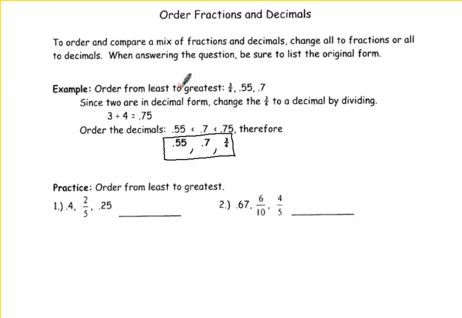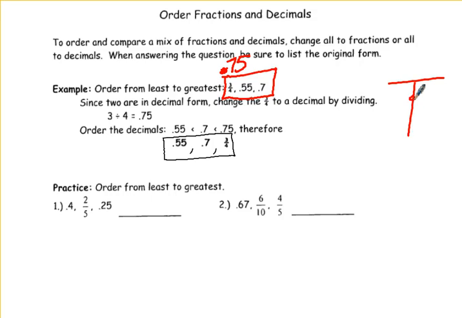You can do the same thing with several fractions and decimals. For example, order from least to greatest, 3/4, 55/100, and 7/10. If you can change any of your fractions to decimals, that's usually the easiest way, but you can change them all to fractions or all to decimals. So 3/4 as a decimal is 75/100.